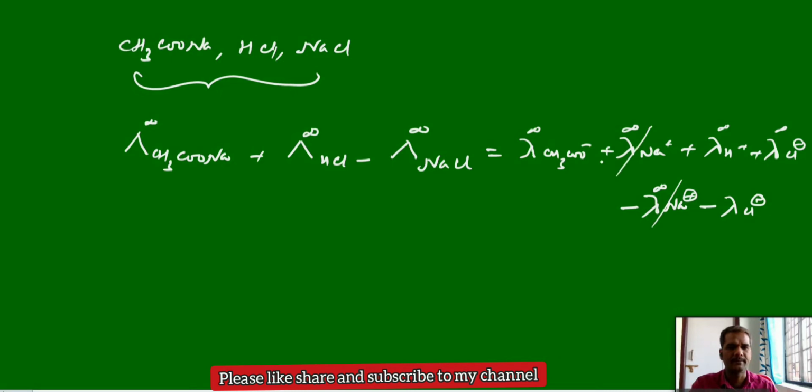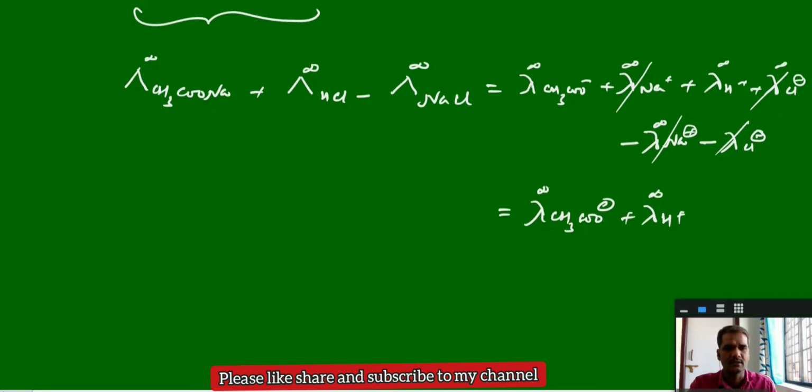Now Na plus at infinite dilution, both are the same, whatever the source, and Cl minus again they will cancel. What is left here? Acetate ion at infinite dilution plus H plus ion at infinite dilution, and the ionic conductances of these two ions at infinite dilution are nothing but the molar or equivalent conductance of acetic acid at infinite dilution.